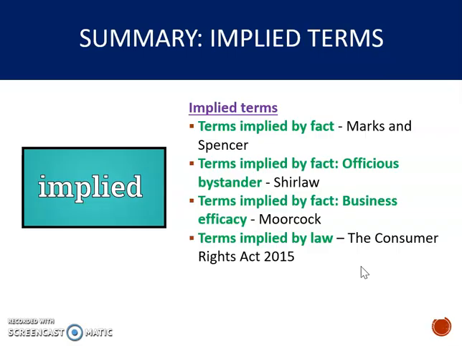Things such as it being fit for purpose, satisfactory quality, but also to be mindful of unfair terms won't be binding, and you can't restrict liability for death or serious injury caused by negligence. So that's implied terms then.